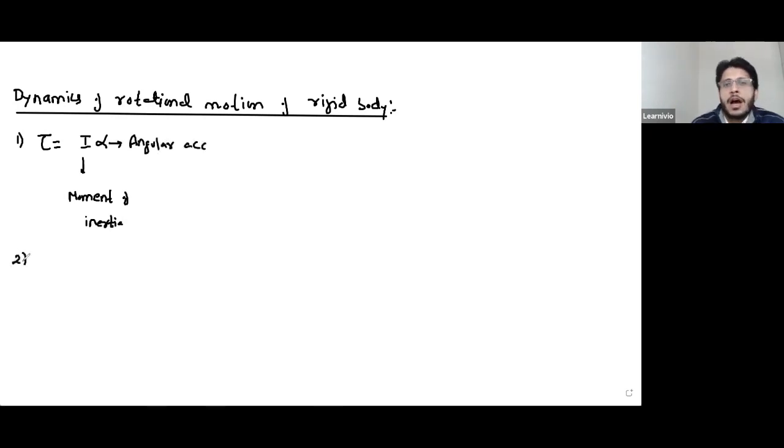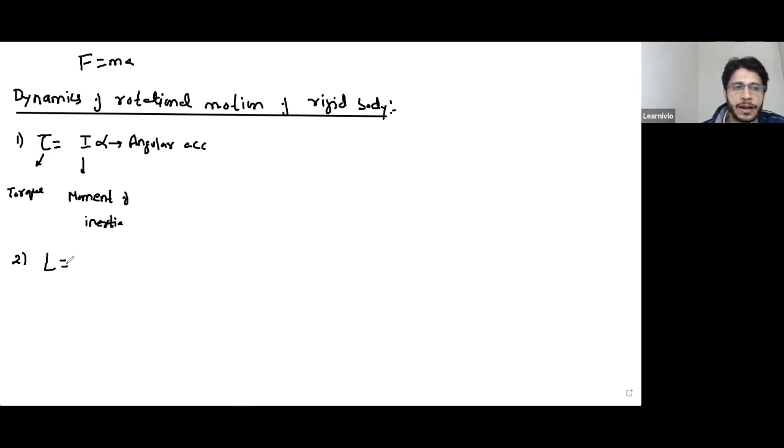Tau is obviously torque. If you remember, in translational motion, we wrote force is equal to mass into acceleration. I'm just taking the analog. Instead of force, I'm taking torque. Instead of mass, I'm taking moment of inertia. Instead of acceleration, I'm taking angular acceleration.